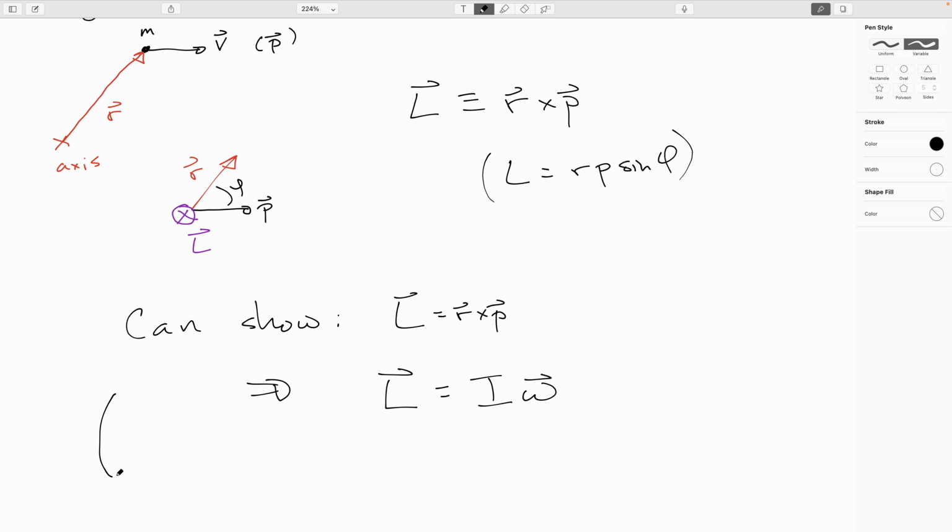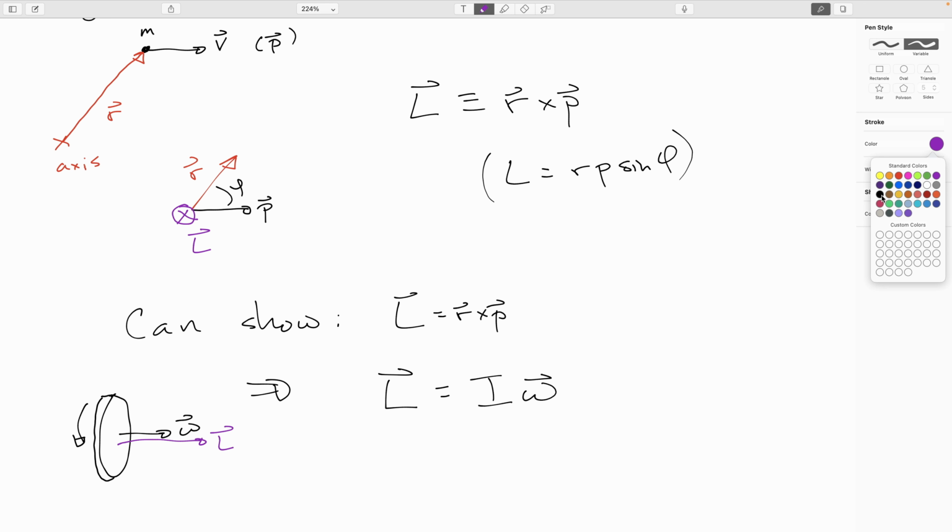So say if I had a disk that was spinning like so, the angular velocity would point like that. Check that using the hitchhiker rule. Remember to make sure to use your right hand. And the angular momentum would point the same way.